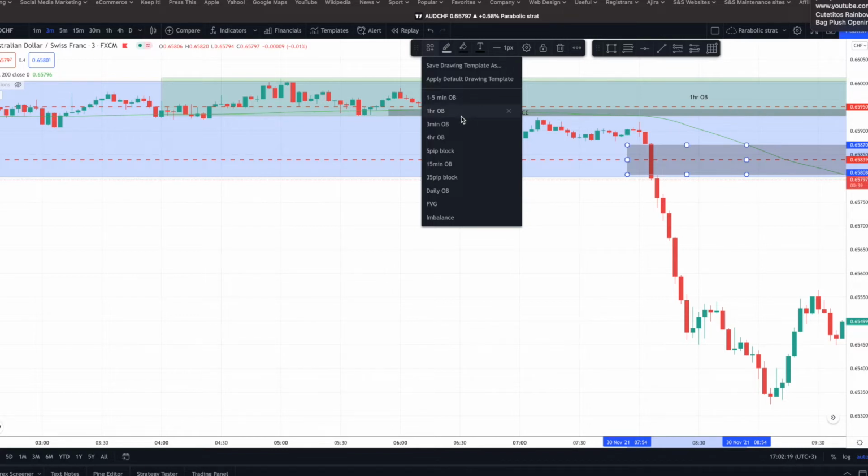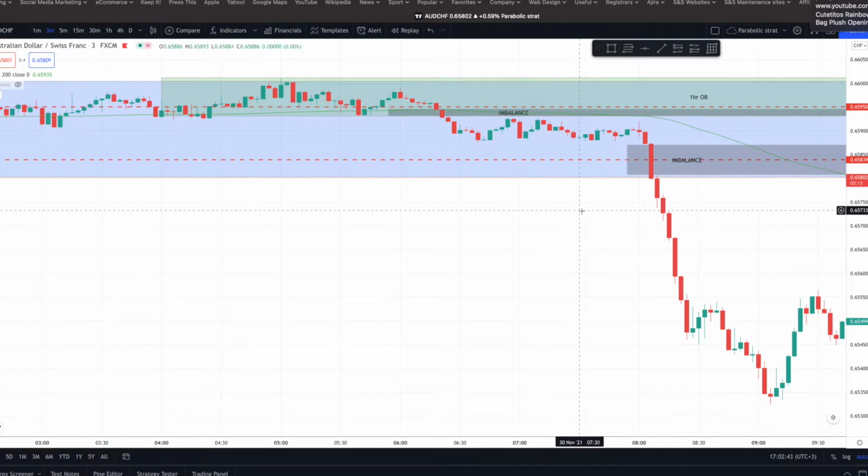So if I do win my first one, I don't trade anymore. If I lose my first one and win my second, I'm done for the day. If I lose the first 2 and I win my third, I'm done for the day. So best case scenario, I get my 3R. Worst case scenario, I lose 3R, and that's how I trade. So this would be an imbalance.